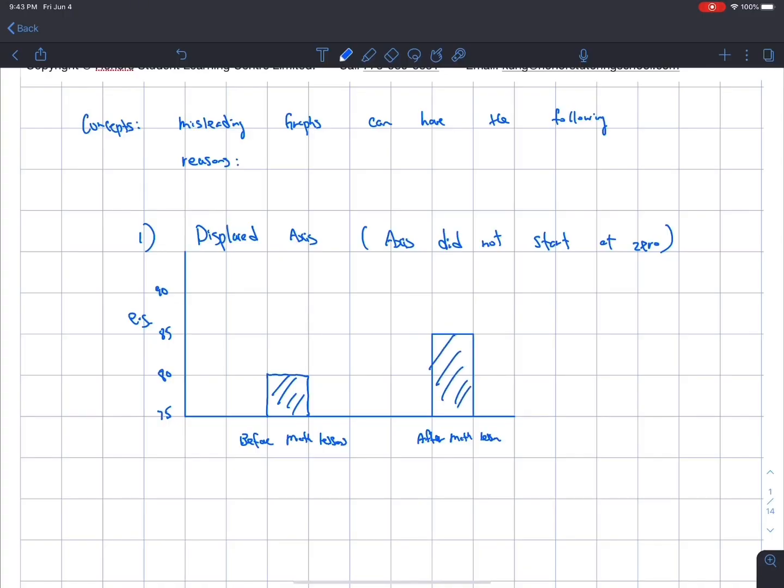So here you can see that visually it looks like the student's grade has improved a lot. But the reality is it was a very small increase from 80 to 85. So that's displaced axis, just not starting at 0.